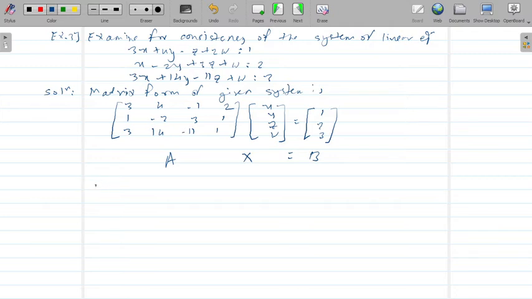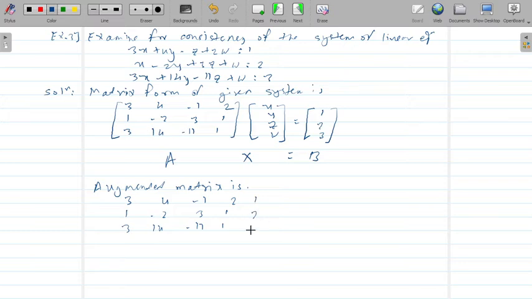Next step, augmented matrix. How to obtain the augmented matrix? We have to join this column matrix of RHS constants to this coefficient matrix. So first write the coefficient matrix as it is: 3, 4, minus 1, 2, 1, minus 2, 3, 1, then 3, 14, minus 11, 1, and we have to join this column to this coefficient matrix.